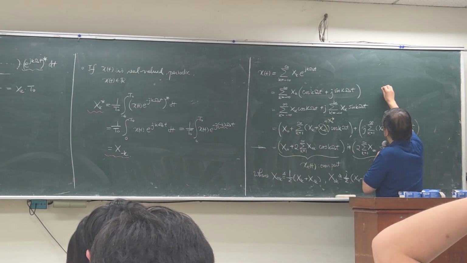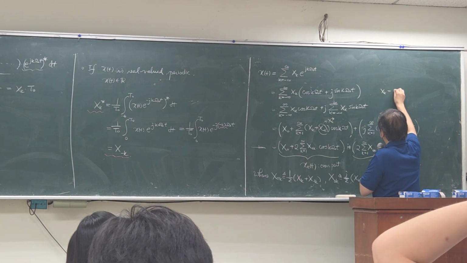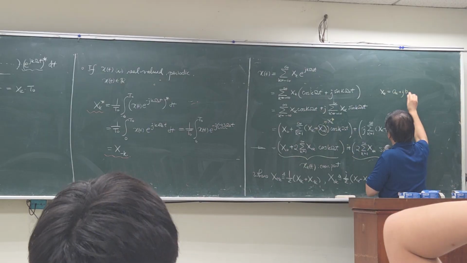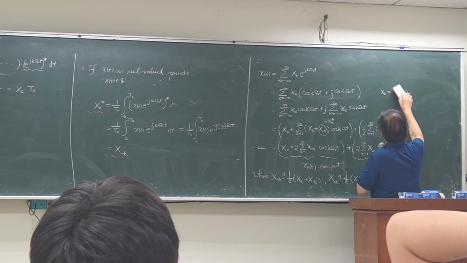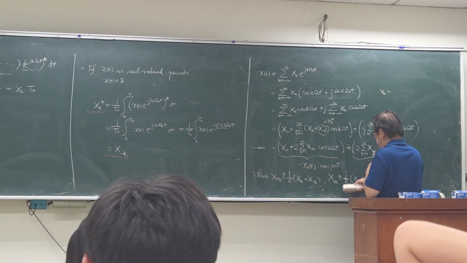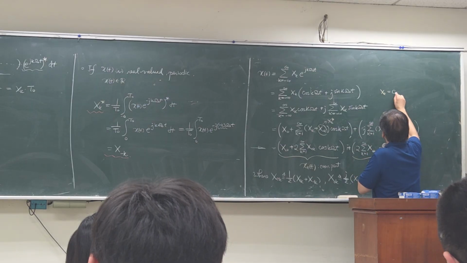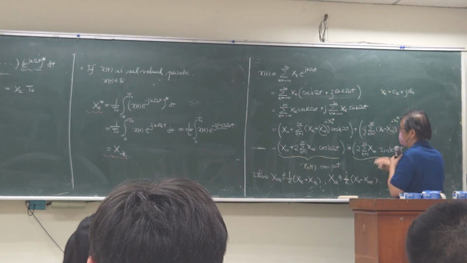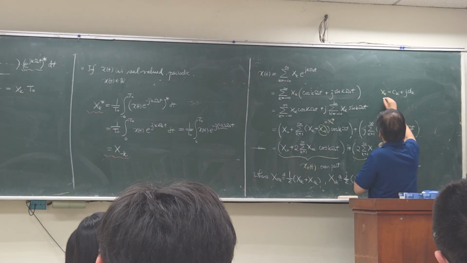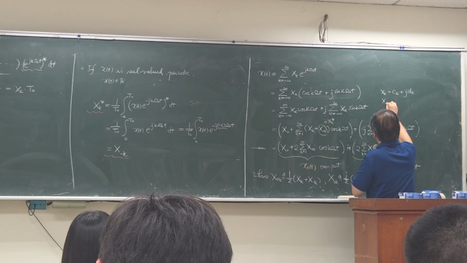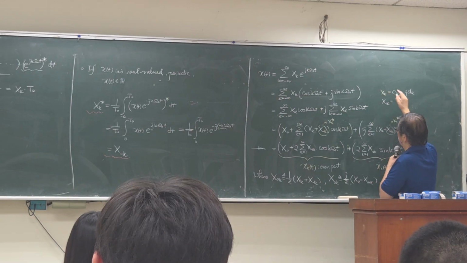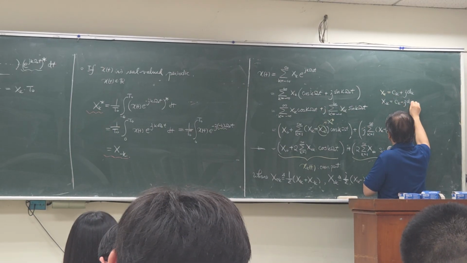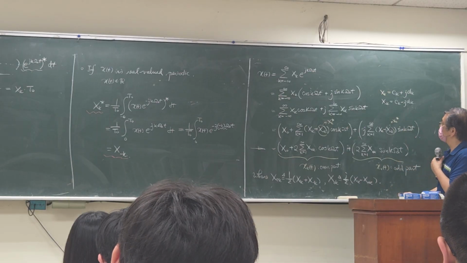Suppose x of k is equal to ck plus j times dk. Then x of negative k will be the complex conjugate of this, so it will be ck minus j times dk, right?